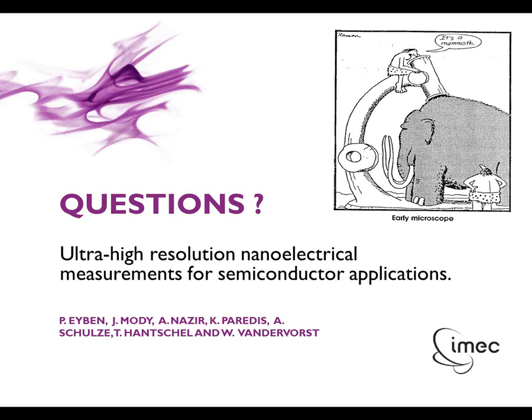For the rest, I did not go into detail on resolution, it was long enough, but when you measure carriers, resolution is not a straightforward concept. It's not like just optical resolution. There is what we call the spatial resolution, which is somehow the smallest features you can measure. Another very important one is the dopant gradient resolution. Are you able to measure, very close to each other, very different concentrations of active dopants?